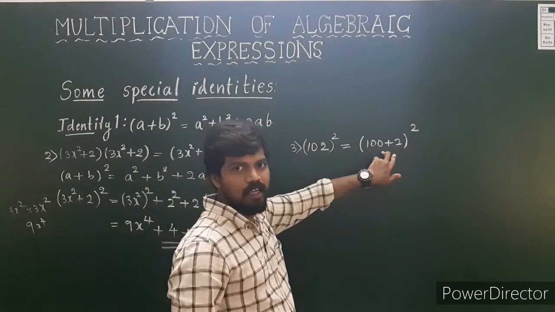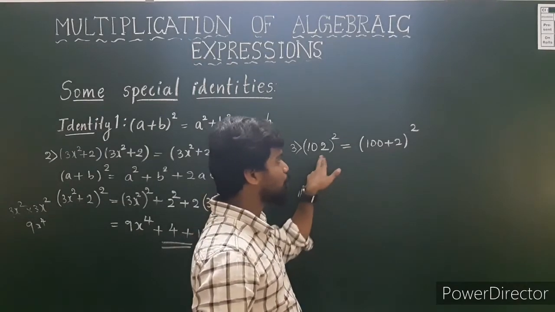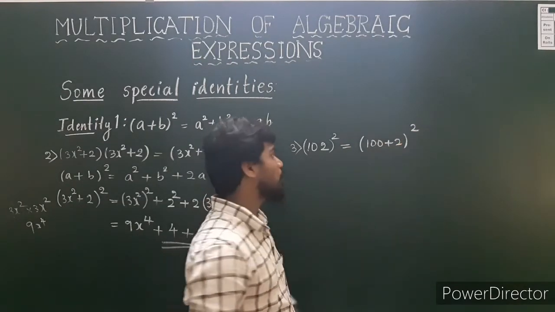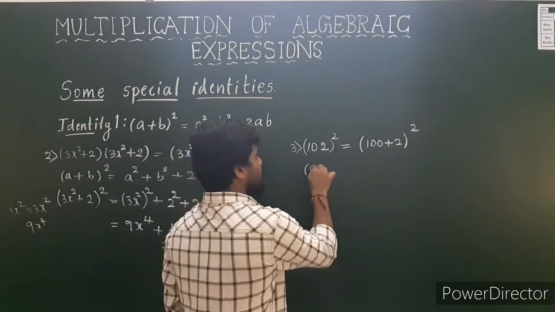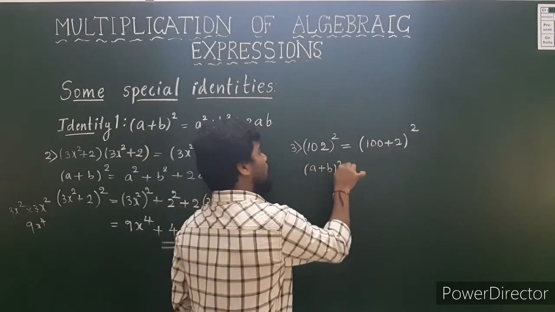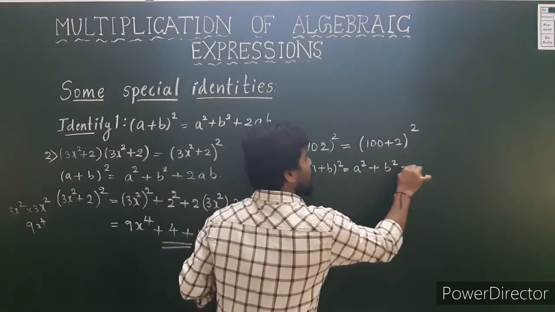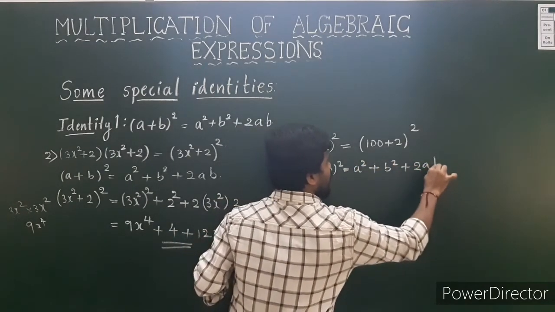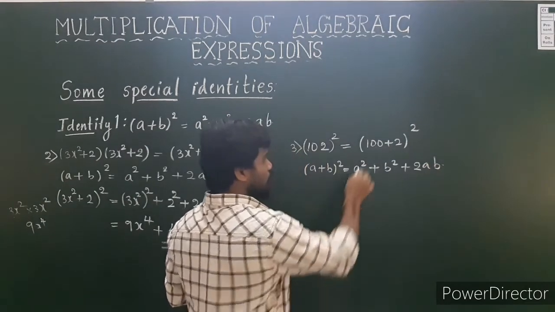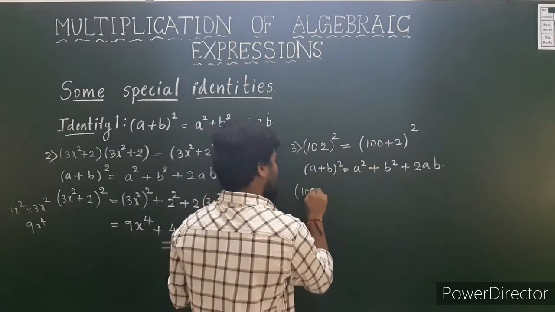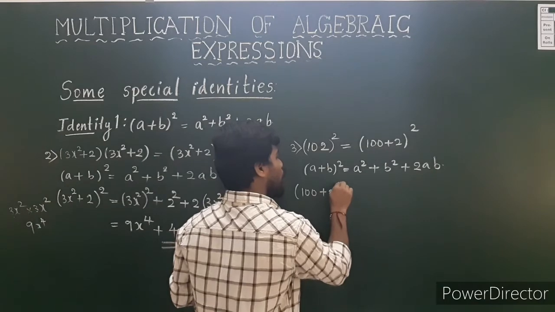First you split 102, you get (100 plus 2) whole square. Now you write the identity once: (a plus b) whole square is equal to a square plus b square plus 2ab. Now we substitute here (100 plus 2) whole square.